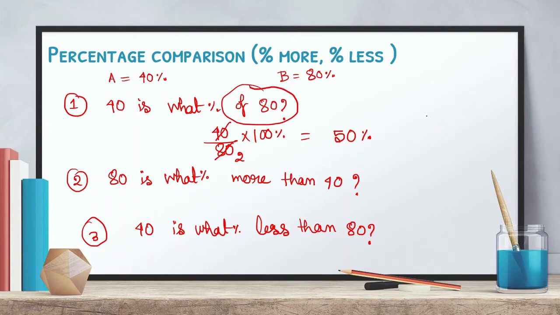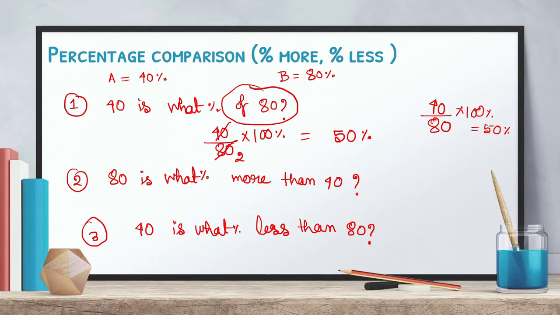So the rule is whatever comes after "of" will be in the denominator and the other number will be in the numerator, it is 40, and it will be multiplied with 100%, and then we'll get 50% as the final answer. Clear?